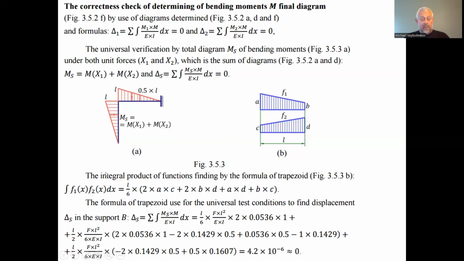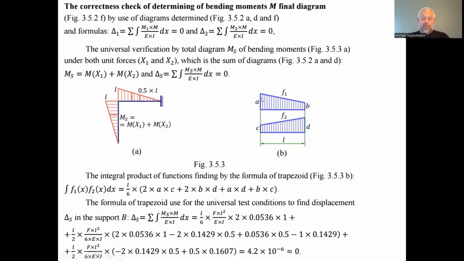The integral of the product, if the functions are linear, equals L divided by 6 multiplied by, in brackets, 2 times A times C, where A and C are the left ordinates of each of these trapezoids, which are linear. It could be a triangle. In this case the ordinate has to be equal to 0.